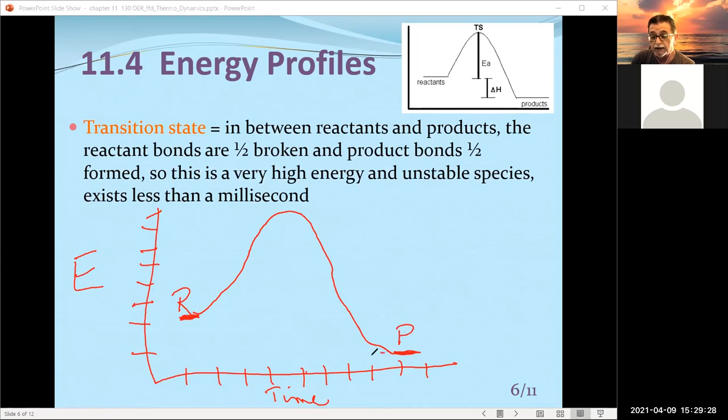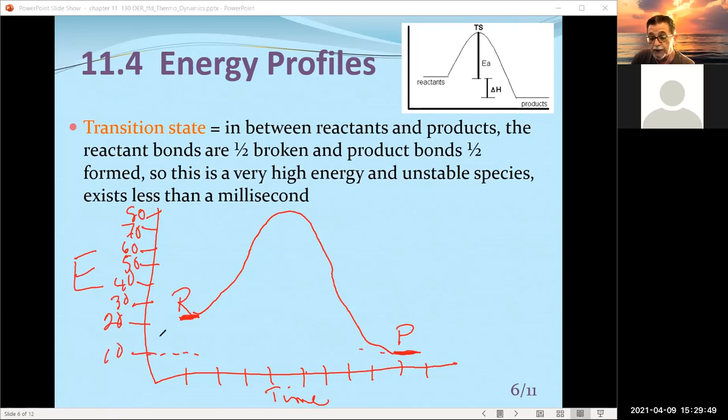Now notice I can extrapolate, do a double dot, come over here, and if I put a scale, an arbitrary scale, 10, 20, 30, 40, 50, 60, 70, 80 energy units. We're not concerned about what specifically, it's just energy units.